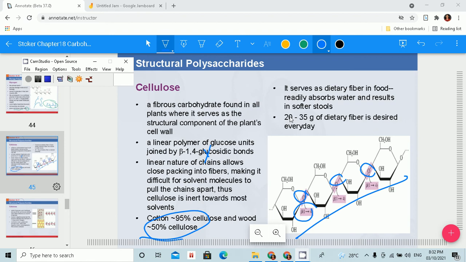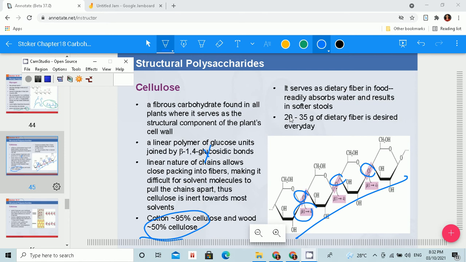That's why it also absorbs water, and so it's easy to excrete because we have softer stools.